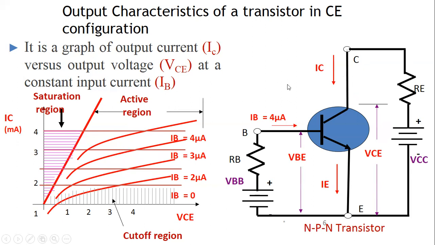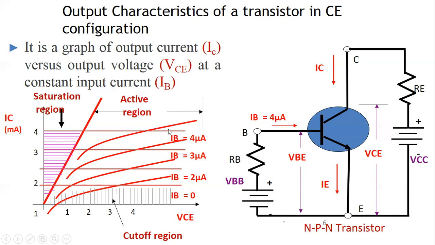This is how the collector current is affected by the input base current. IC is increasing according to the base current that we have applied.